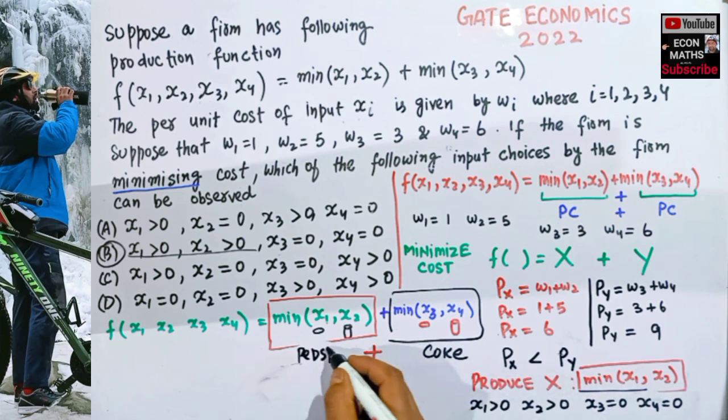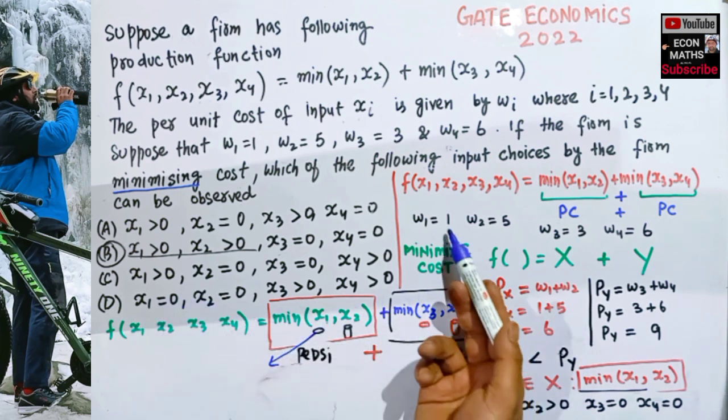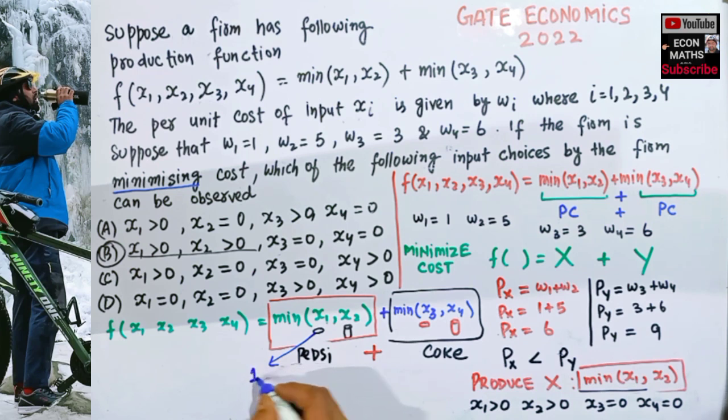I'm just trying to give this example. I know it is a rough kind of example, and I don't know whether it will work or not. We are told that x1, that means the cap of Pepsi, has an input price W1 of 1, and the input price of the Pepsi bottle is 5.